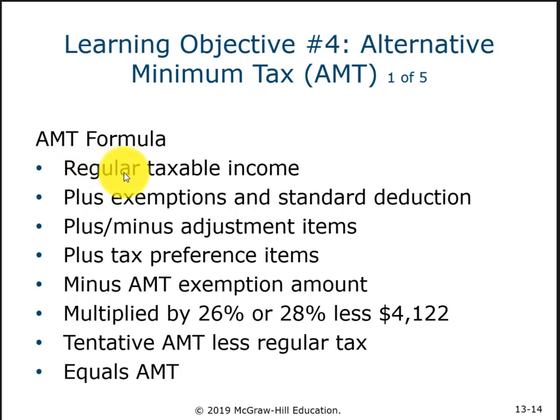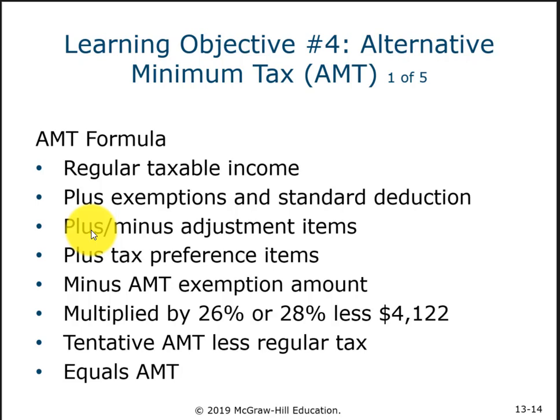So that regular taxable income, and then you add back the standard deduction, or if you use itemized deductions, you add back the one itemized deduction that is not allowed for alternative minimum tax. Then you do plus or minus adjustment and tax preference items.